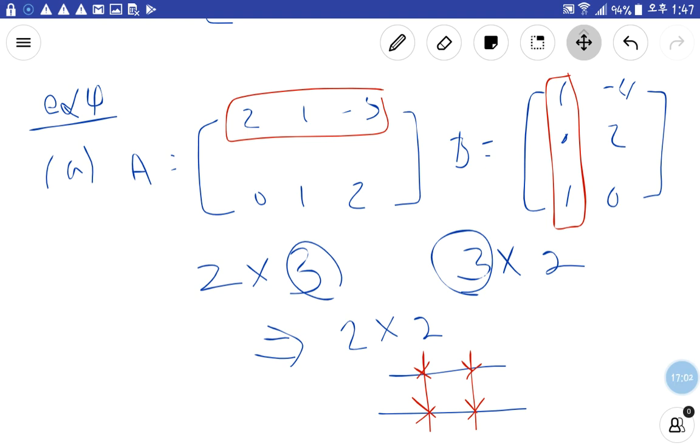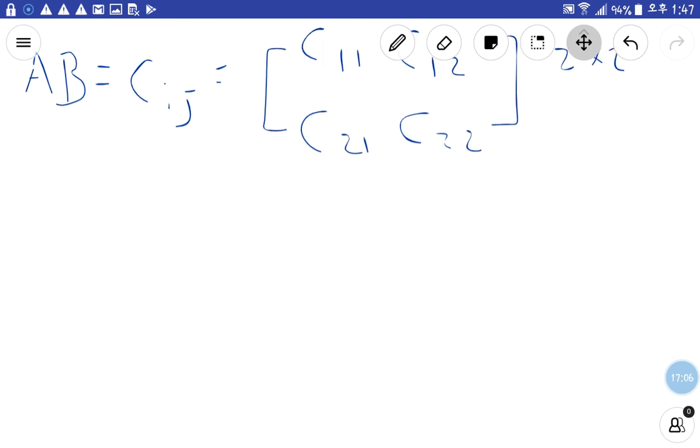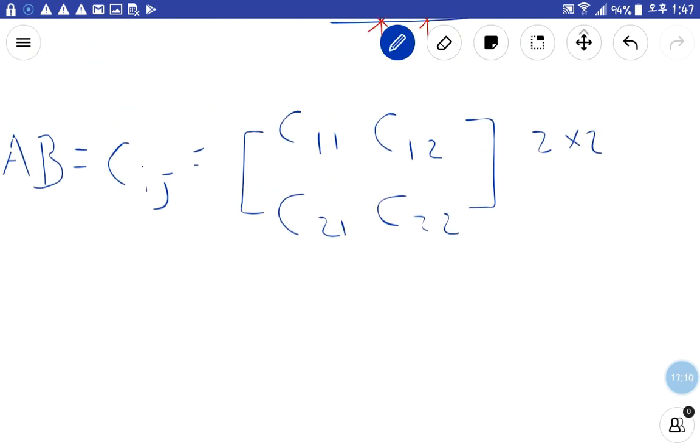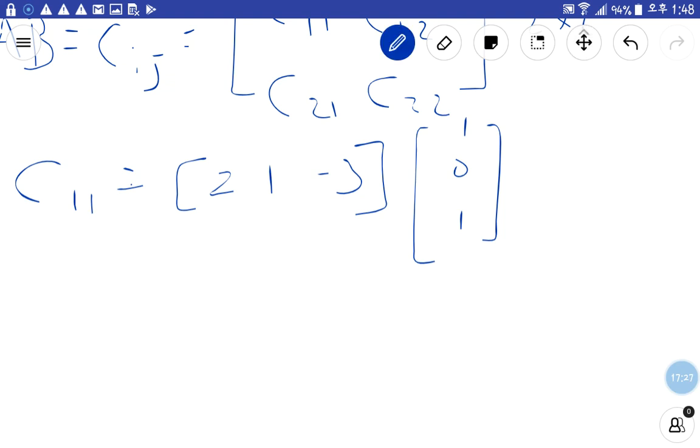So the first number, I can show you here. So my C11 would be this: 2, 1, negative 3 times 1, 0, 1. That's what I need to do. Then how do I work on this?